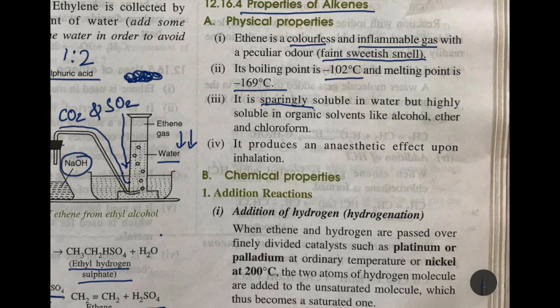That is why it is collected by the downward displacement of water. But it is highly soluble in organic solvents like alcohol, ether and chloroform. Please remember the solvent in which it dissolves. And it produces an anesthetic effect upon inhalation. That means if you inhale it, you will become unconscious.